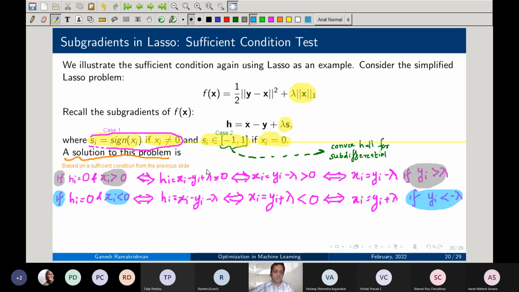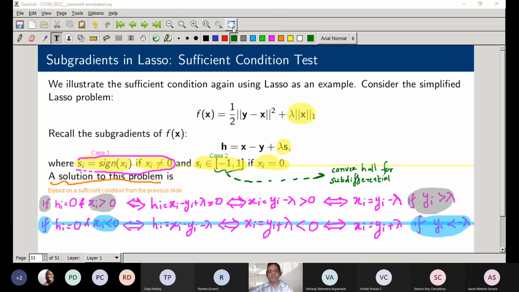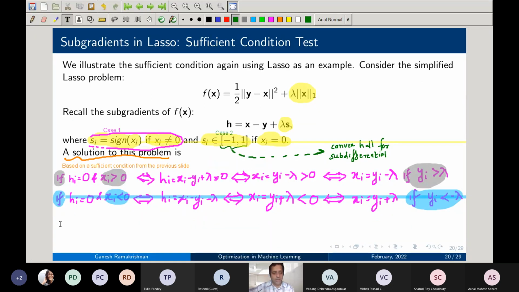What about case 2? If xi is equal to 0, what happens in case 2? Anyone? Case 2 is xi equal to 0. Xi equals 0 means si is between -1 and 1.